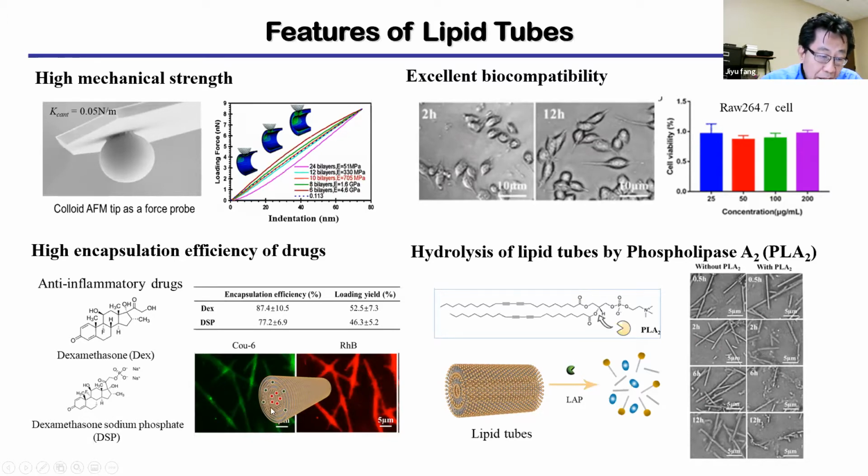Hydrophilic drugs are expected to load inside the core of the tube, but hydrophobic drugs will stay in the hydrophobic bilayer wall. Lipase, we know, can be used to cleave the tail of the lipid. And what we find is that the lipase can gradually degrade the lipid tube, starting from both ends. Those are the experimental results.